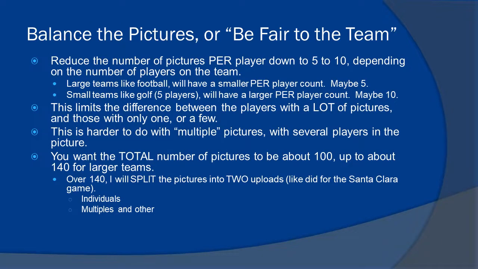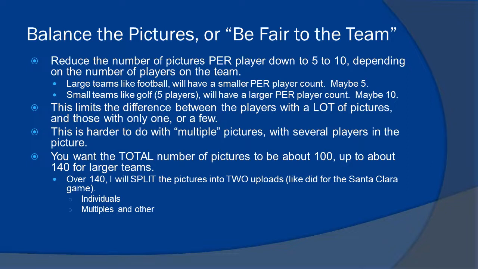Balance the pictures, or be fair to the team. Reduce the number of pictures per player down to 5 to 10, depending on the number of players on the team. Large teams like football, you will have a smaller per player count of maybe 5 pictures. Small teams like golf, only 5 players.